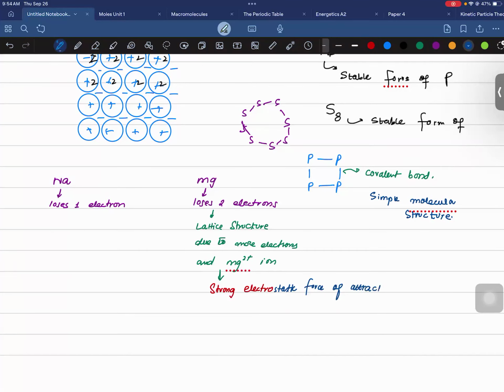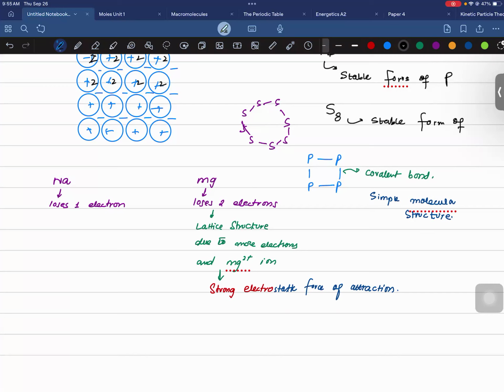Will the melting and boiling point increase because of more electrons? Yes, that's what I'm telling you, because the number of electrons is going to increase, which would affect the electrostatic force of attraction between the cation and the sea of delocalized electrons.